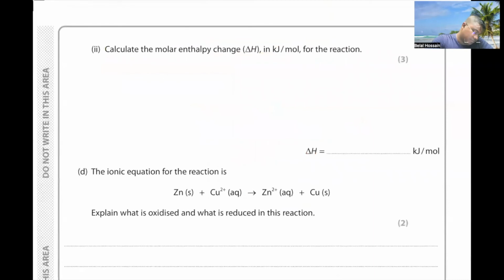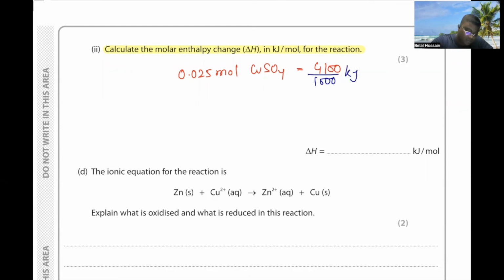Next question. Part 2. Calculate the molar enthalpy change ΔH in kilojoules per mole for this reaction. So we can say that 0.025 moles of CuSO4 is producing 4,100 joules. Now we need to calculate it in kilojoules. So 4,100 divided by 1,000 gives 4.1 kilojoules.